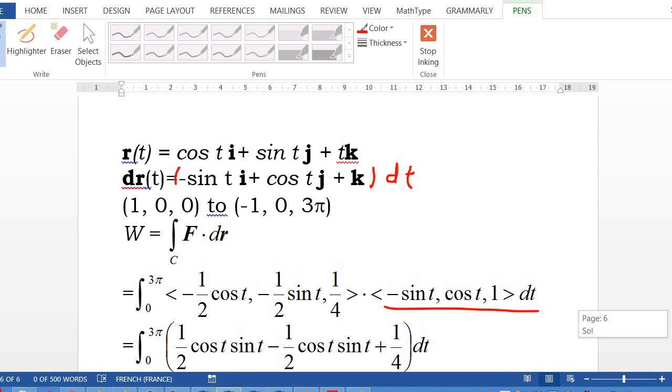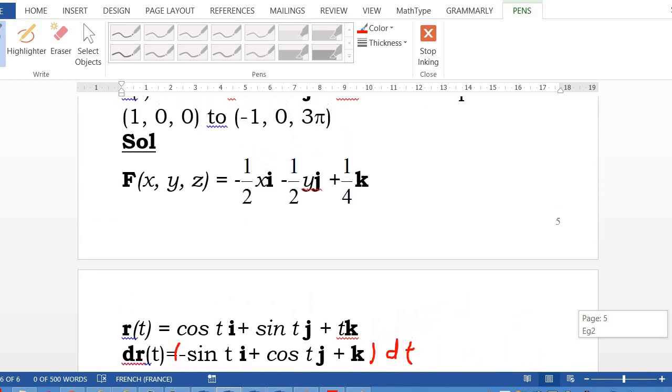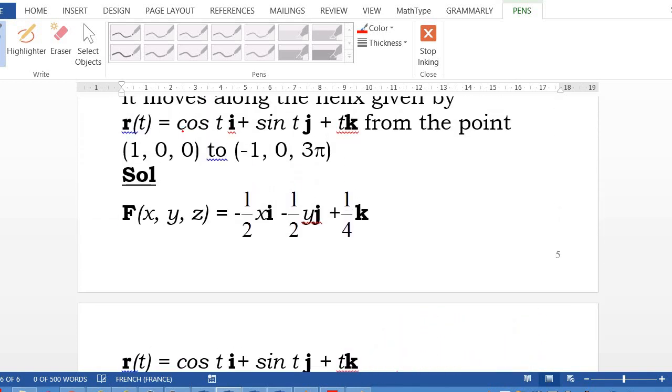Then you plug in here. From r(t), the i component is x, the j component is y, and the k component is z. So for x, you plug in cos t, and for y, you plug in sin t.